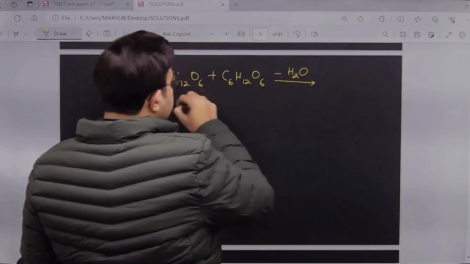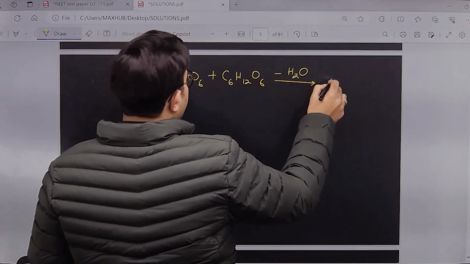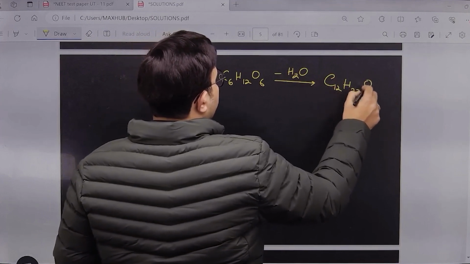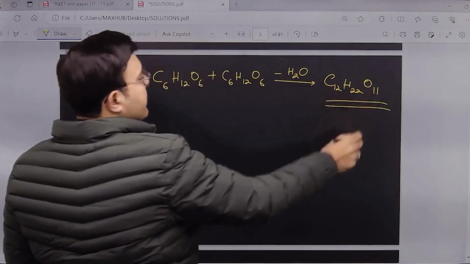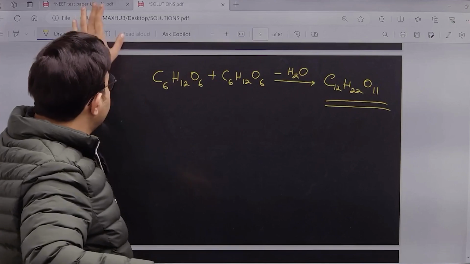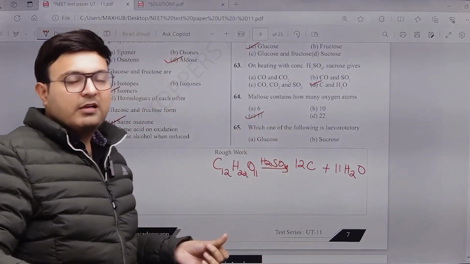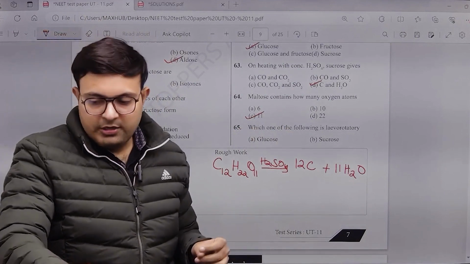So add these numbers and remove one water. You will get C12H22O11. So how many oxygen atoms? 11 oxygen atoms are there. So 64 will have answer C, that it contains 11 oxygen atoms.